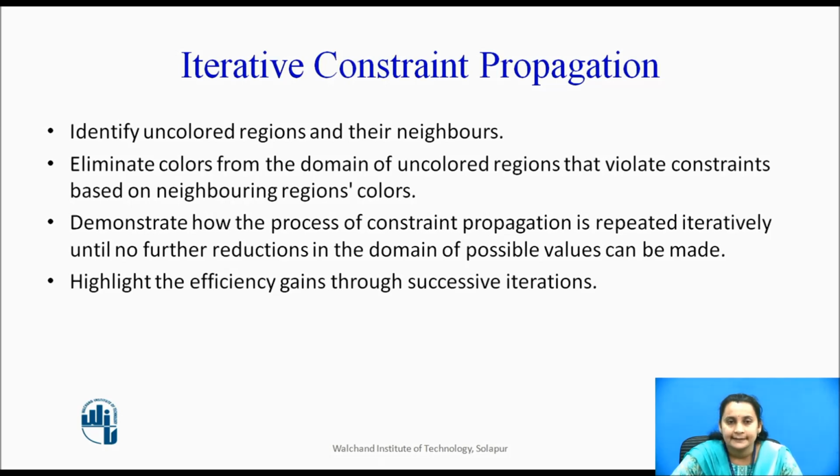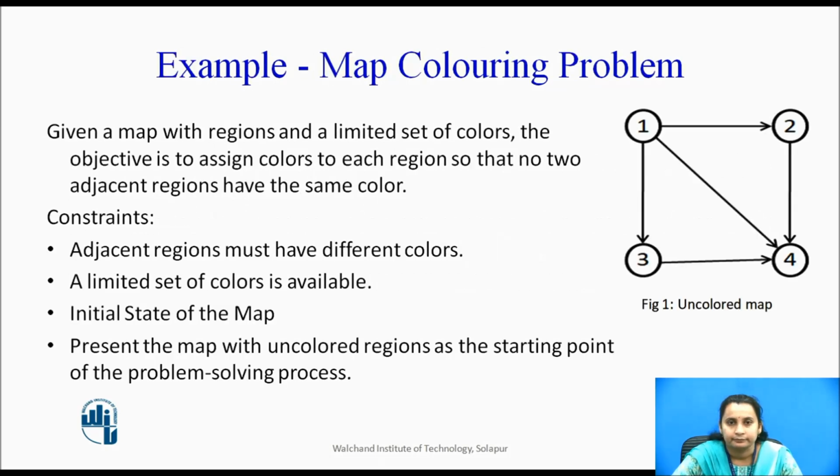In every step we look at them and eliminate colors. Suppose a neighbor is already colored, then we avoid or eliminate the colors already assigned to its neighbors. This demonstrates how the constraint propagation process is repeated iteratively. For any region that is not colored, we assign a color, and before that we check whether its neighbors have the same color or not. It is very efficient because we iteratively do the same process.